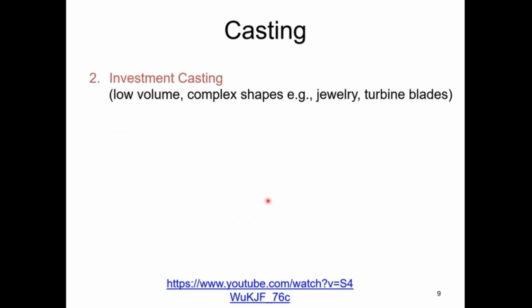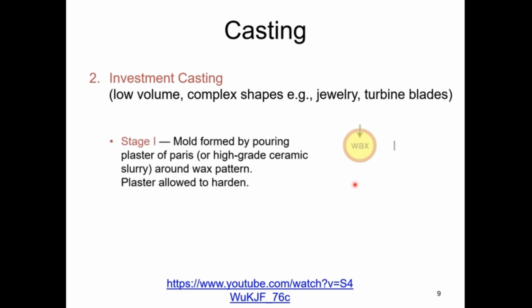The second method of casting, we call investment casting. In investment casting, the pattern is made from a wax or plastic that has a low melting temperature. That is the first step.